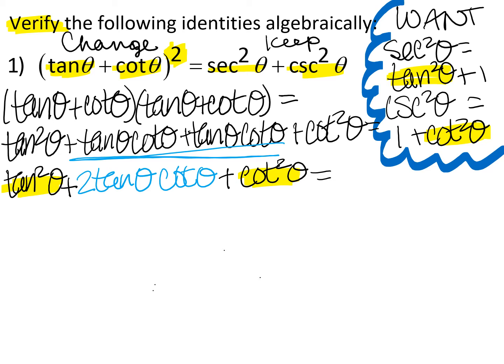I know I need to get rid of the part in the middle, the 2 tangent theta cotangent theta, and there is an identity that says tangent theta equals 1 over cotangent theta. So I could plug that in here.